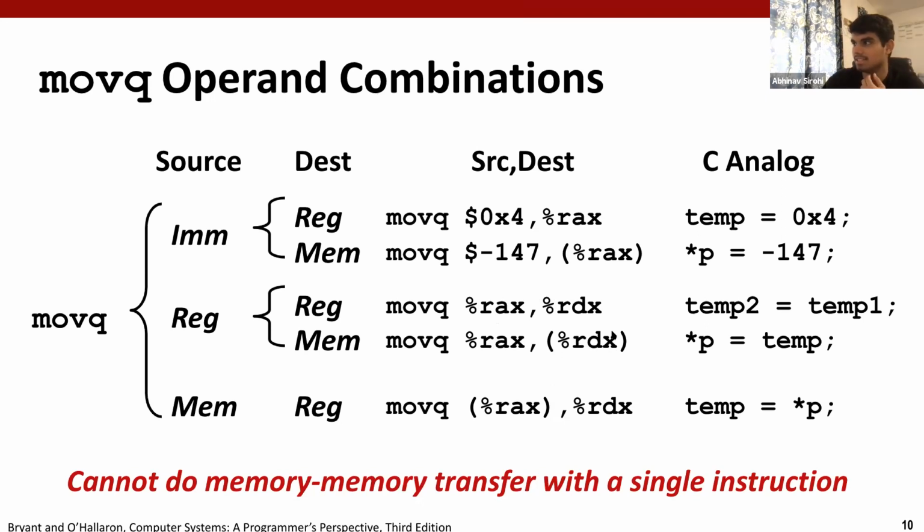So we take RDX, dereference it, and then take RAX and move it into that. That's exactly what's happening here: you take p, which represents RDX, dereference it, and then set it equal to temp, which was our RAX. That's basically how you move things around from immediates to registers or memory, between registers, and from one memory location to another.